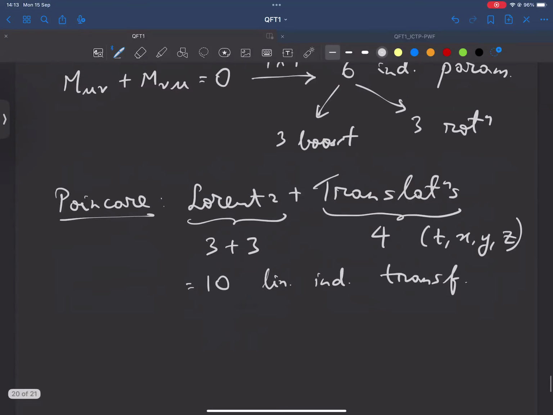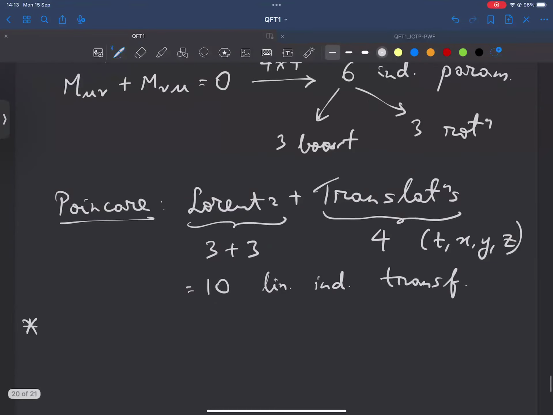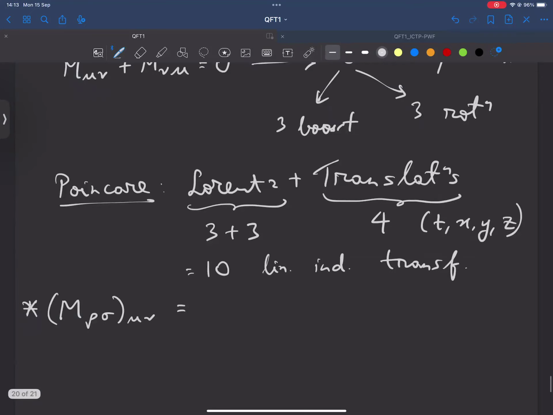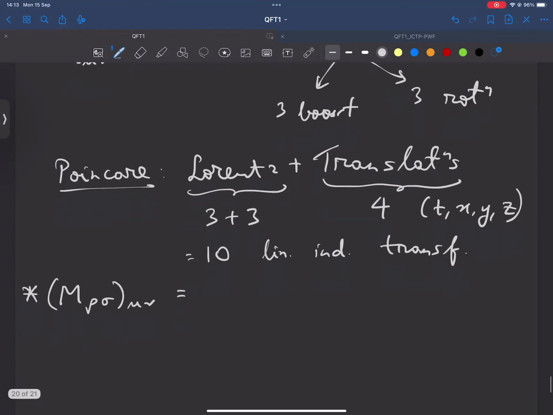Now, there was a question in the Slack, which I think I should discuss. Maybe I was a bit fast, and then we can proceed with the Poincare things. So there was a question as to why, what is the motivation behind it, when I wrote this in terms of the Minkowski metric and the Kronecker delta.